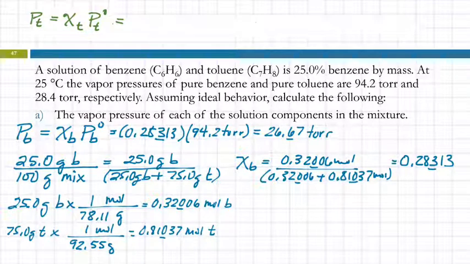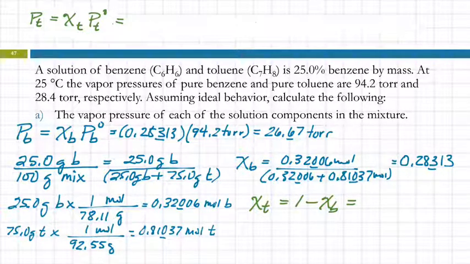We can just flip the mole fraction, yeah. We don't have to do this whole mess again. The mole fraction for benzene is this. There's only two components. The mole fraction of toluene is 1 minus that. So the mole fraction for toluene is equal to 1 minus the mole fraction of the other component.